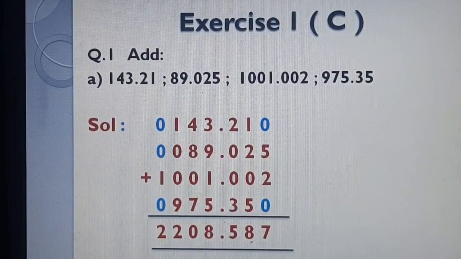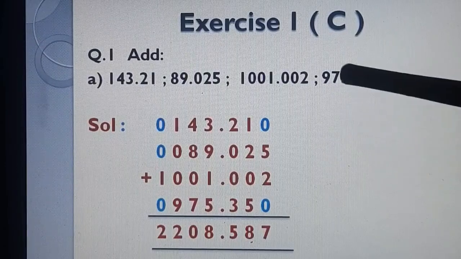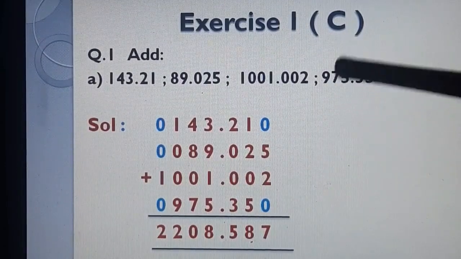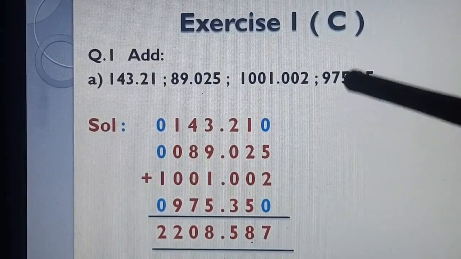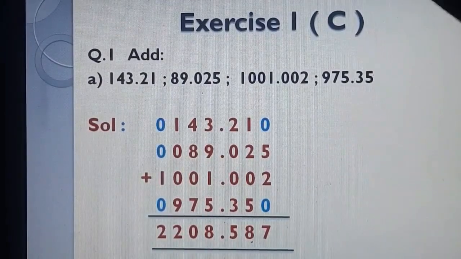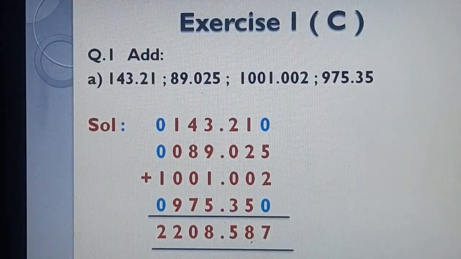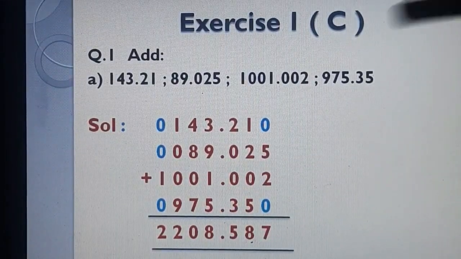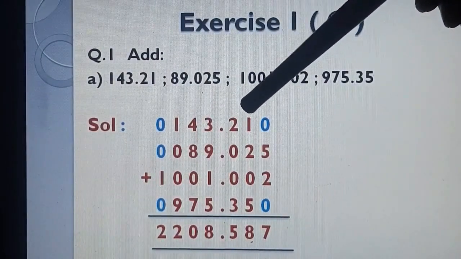So how to start the addition? We will write the digits of the given number, one below the other, such that all the decimal points are in the same vertical line. Decimal should be in the same vertical line. In this way, we have to write down the numbers. So first of all, we will write down 143.21.